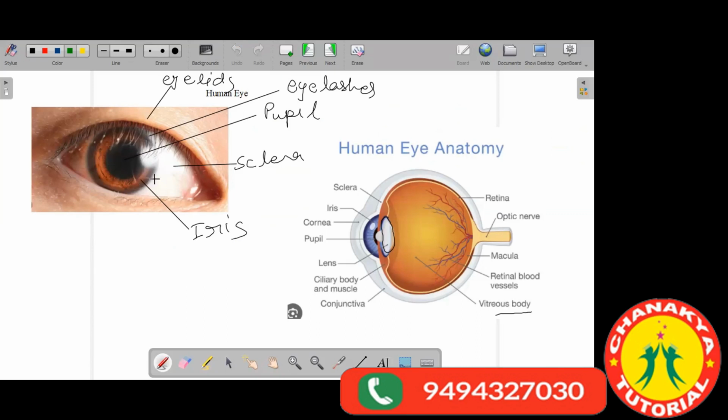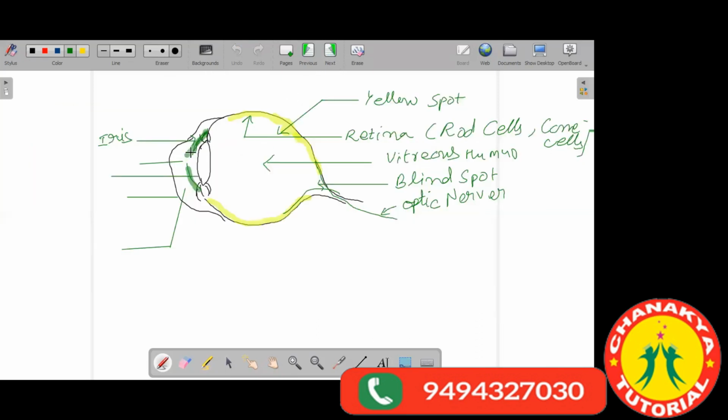If the iris contracts, it will make the pupil bigger. Same is here. This is our pupil, a small opening.